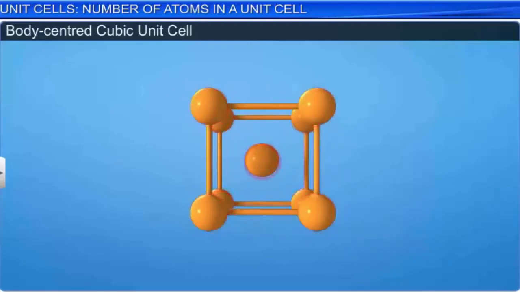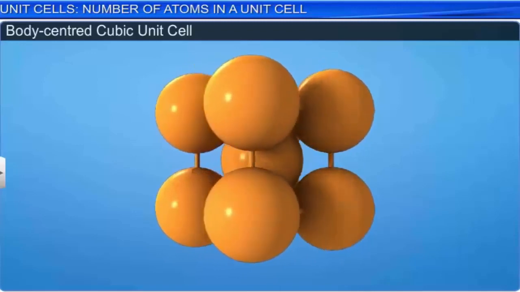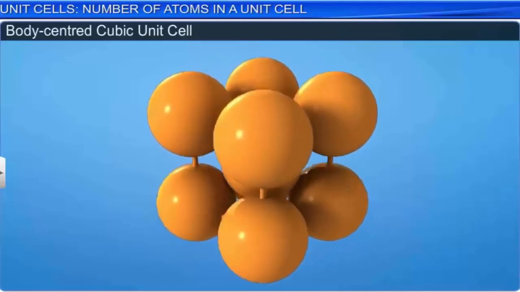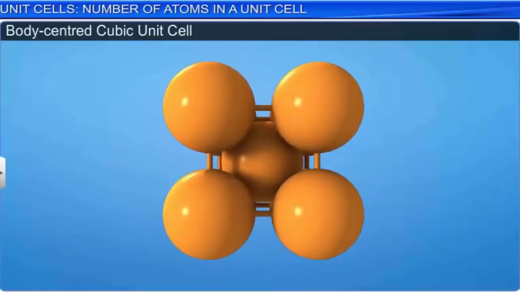However, there is one more atom at its body center. As a result, the atoms at the corners no longer touch along the edges of the cell in the space-filling model. The unit cell of a body-centered cubic cell is shown here.